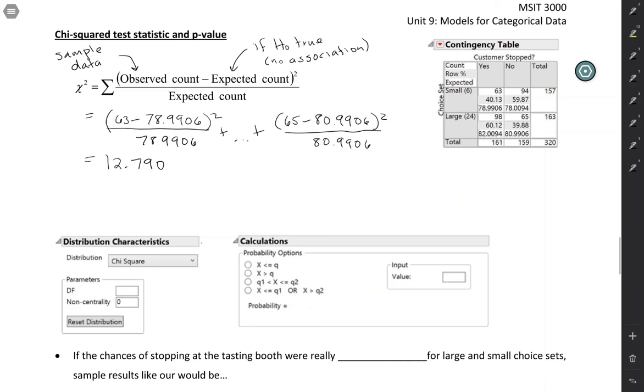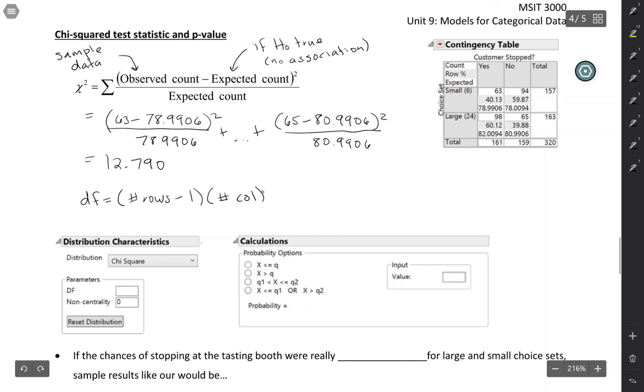But before we can decide if this is large enough to be convincing, we have to compare it to a chi-square distribution. And remember, there's different versions of the chi-square distribution depending on the degrees of freedom. So a chi-square test of independence has a new formula for the degrees of freedom. It's going to be the number of rows minus 1 times the number of columns minus 1.